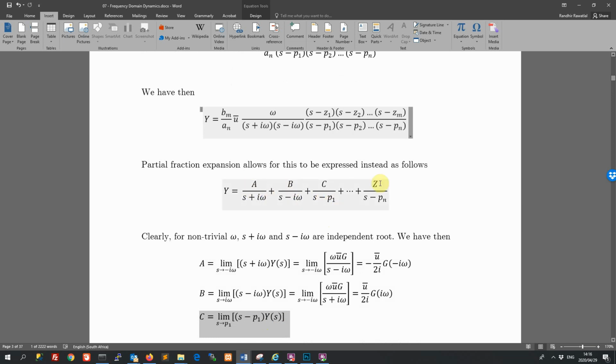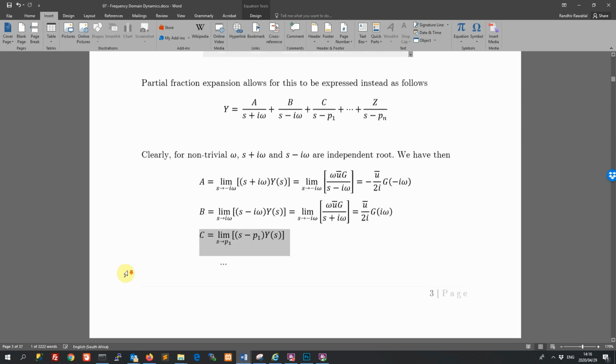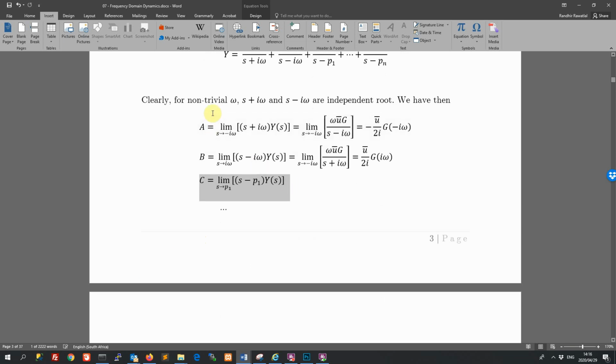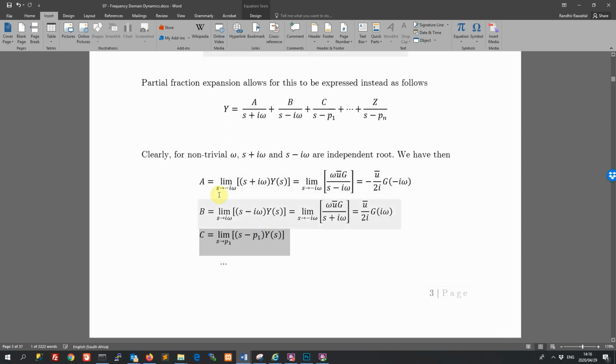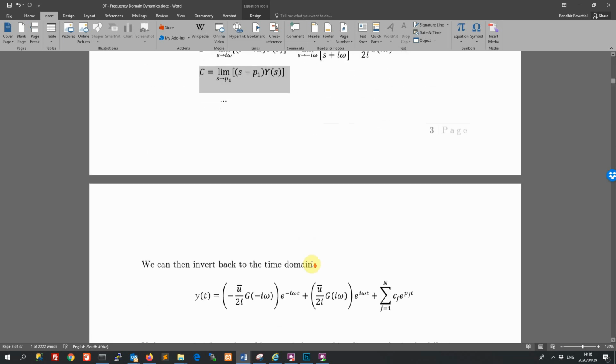And when we apply s equals P1, all those terms will zero out, leaving us with just C. So we can say here C equals the limit as s goes to P1 of s minus P1 times y of s. That's just the straightforward Heaviside partial fraction expansion that we've done before. So now we have a method, at least, for estimating these constants A, B, C.